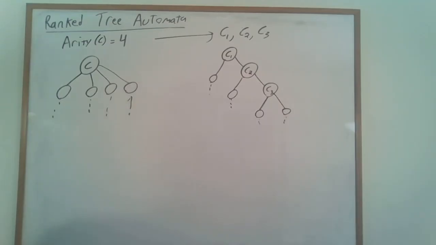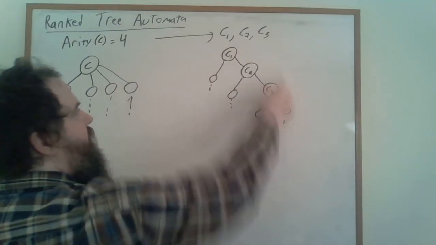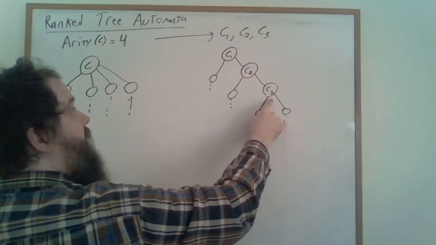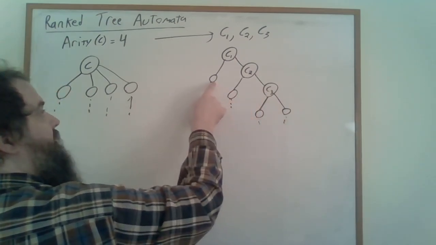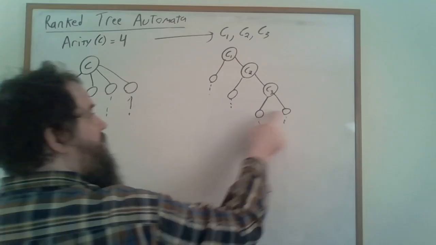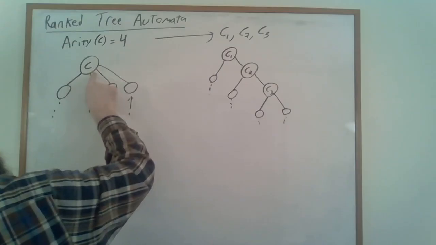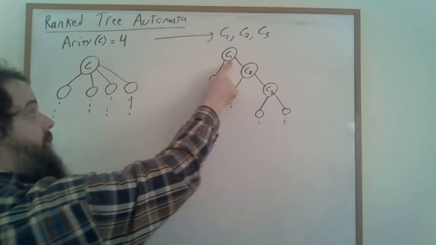Now what we need to do is we need to somehow take our understanding of the transition function for our character C, right? This function is going to take in 4 states and output a state to assign to this node here. And we want to somehow come up with transition functions for our characters C1, C2, and C3 in such a way that when we assign the corresponding states to these nodes here, we wind up associating the state that we associate to this node here to this node here.